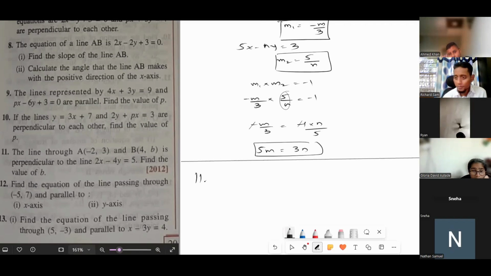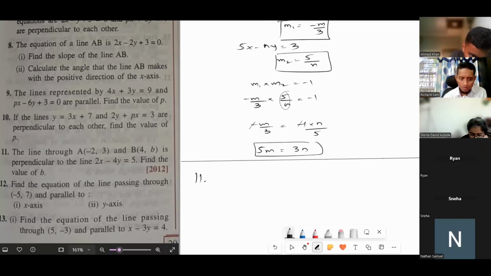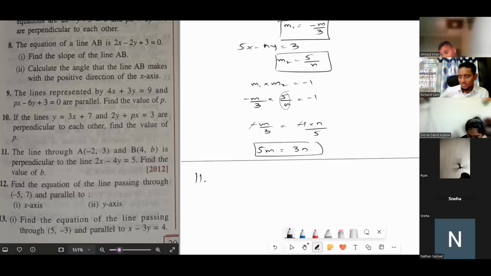Just find the value of b. Just to find the value of b, you have to do a lot. Did you understand the question, everyone? So draw a diagram, it will help you.